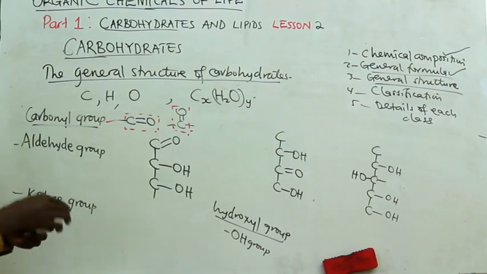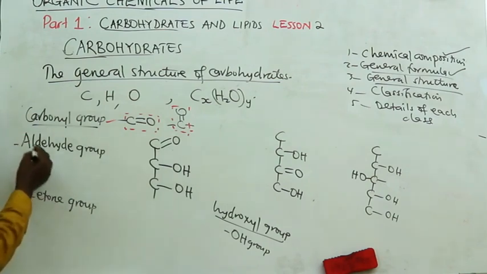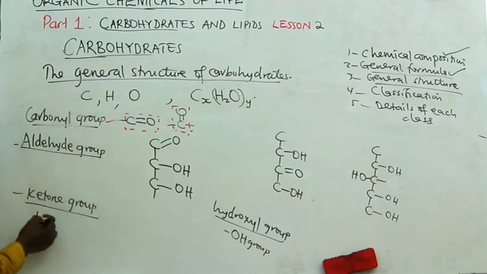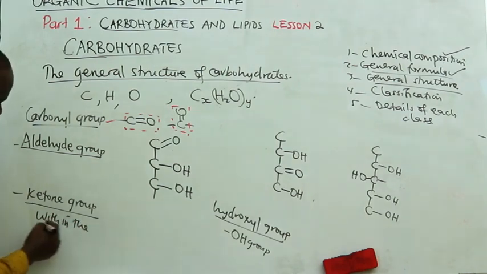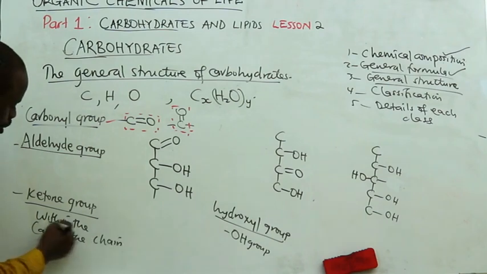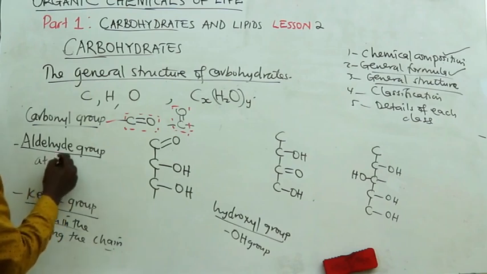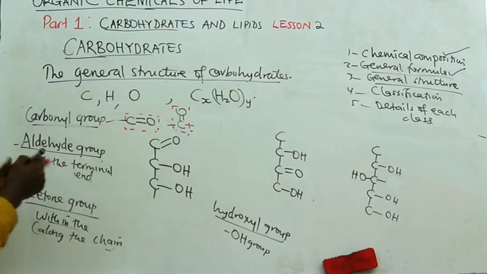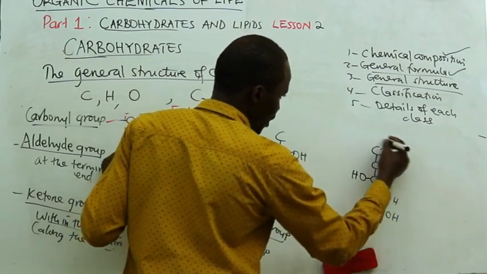If it is at the terminal end, it is called an aldehyde group. And if it is within the chain, along the chain, it is a ketone group. So if I write this like this, you understand that this is an aldehyde group.